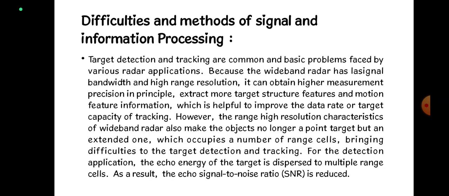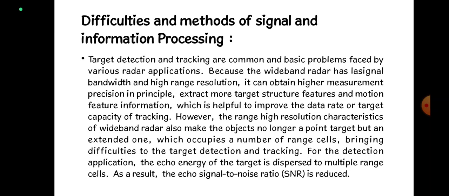Difficulties of signal and information processing. Target detection and tracking are common and basic problems faced by various radar applications. The wideband radar has large signal bandwidth and high range resolution. It can obtain higher measurement precision, extract more target structure feature and motion feature information, which helps improve the data rate and target capacity of tracking.